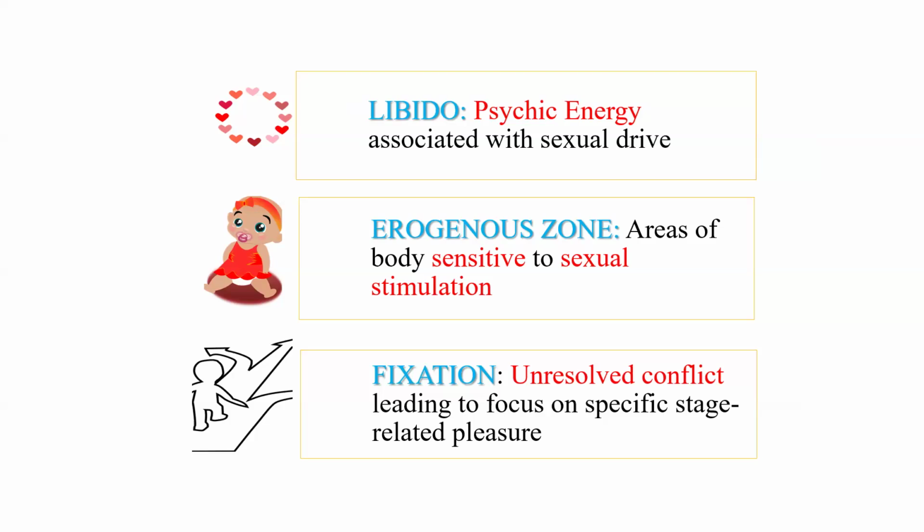In all the five stages there is an erogenous zone where the sensation is happening. Then there is a third term, fixation, that is an unresolved conflict in a particular stage. Anything that is not resolved in that stage is our fixation.